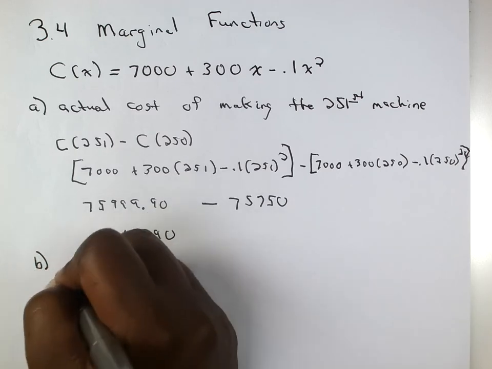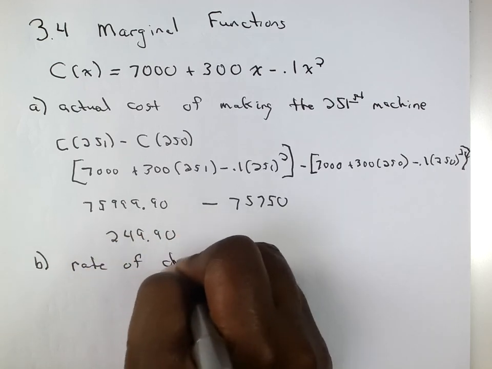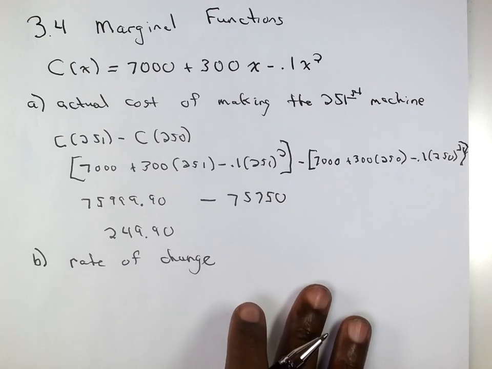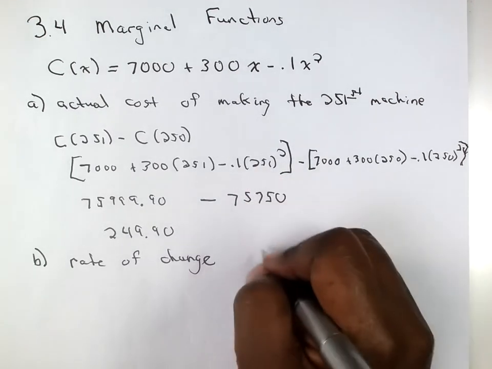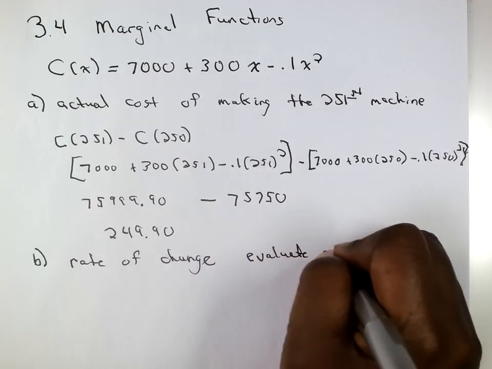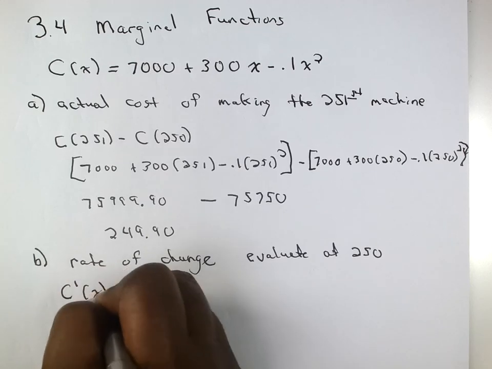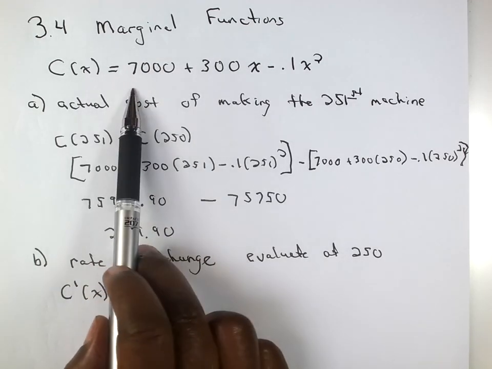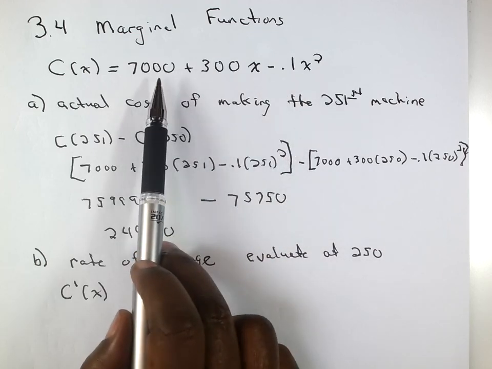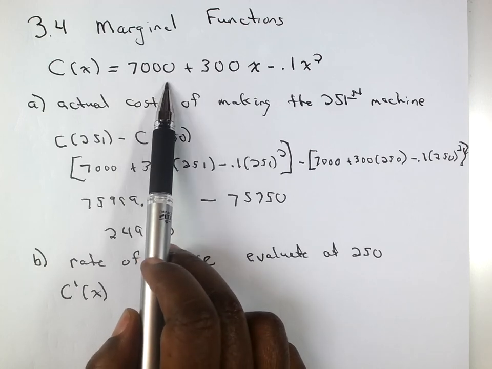Next, I want to know the rate of change. Anytime I'm talking about the rate of change, I really want to know what the derivative is. So I want to know what is the rate of change and then evaluate it at 250. So I need C prime of x. C of x was 7,000 plus 300x minus 0.1x squared. When you take the derivative of 7,000, it's just a real number, it goes to 0.